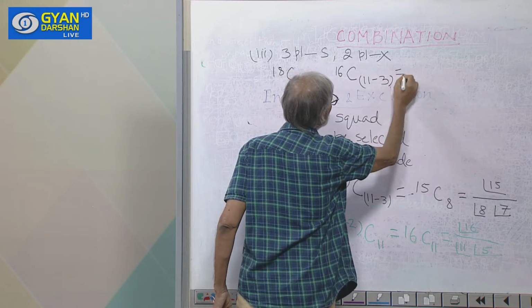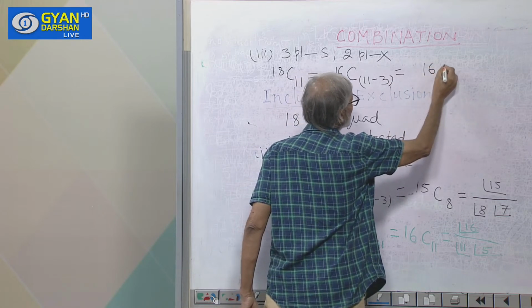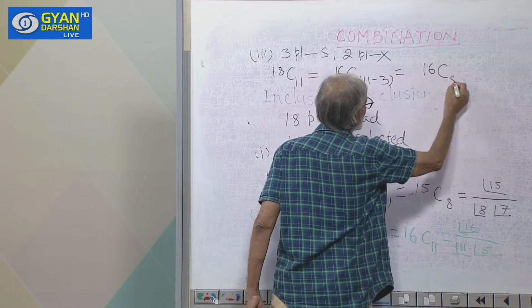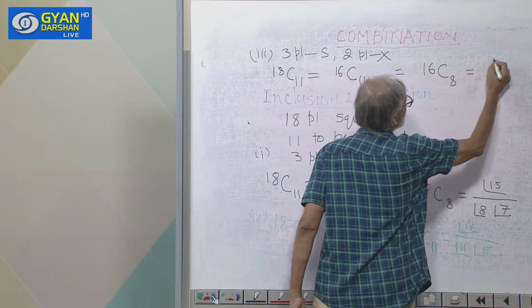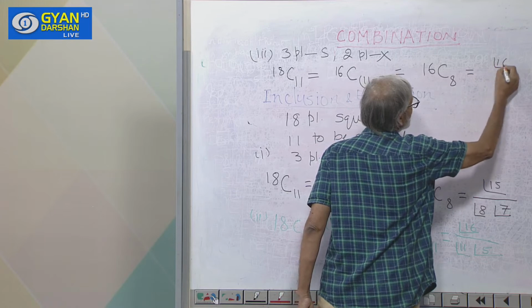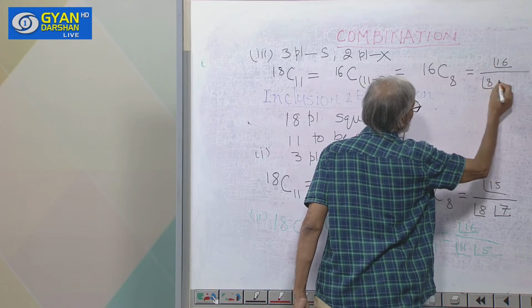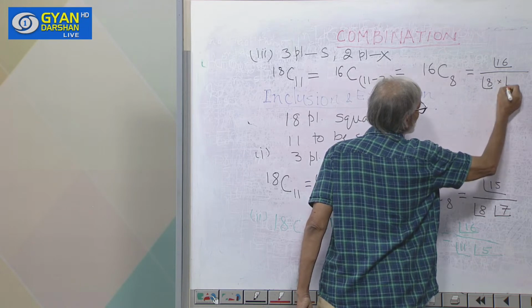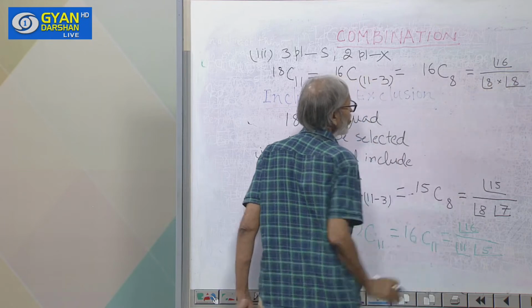This will be equal to 16C8, factorial 16 divided by factorial 8 into factorial 16 minus 8, which is 8. So now you can solve.